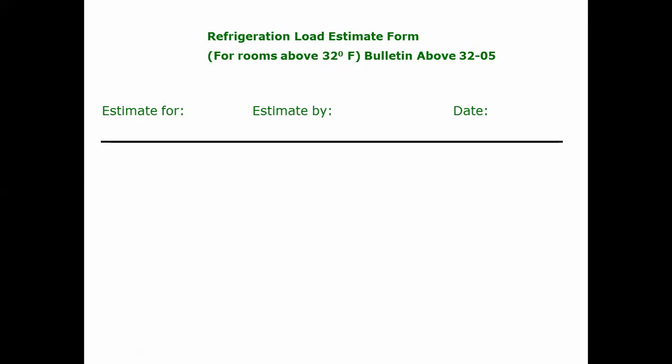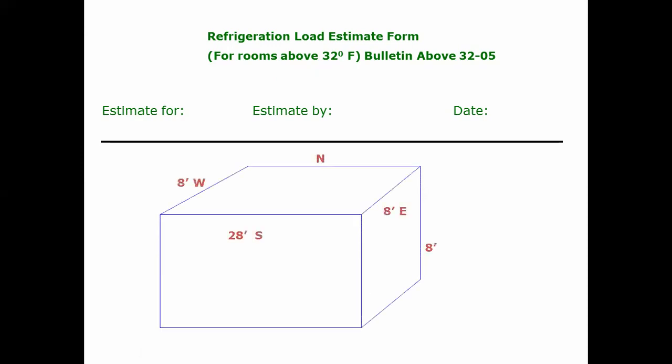Okay. So for example, you can draw this. This is the cold storage. For example, you take this as the cold storage, and this is the orientation: north, south, west, east. And its dimension is also given: 8 feet width and 8 feet height, 28 feet.